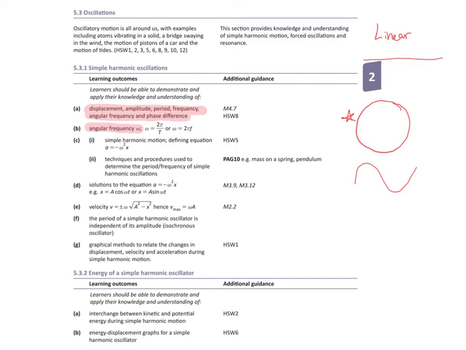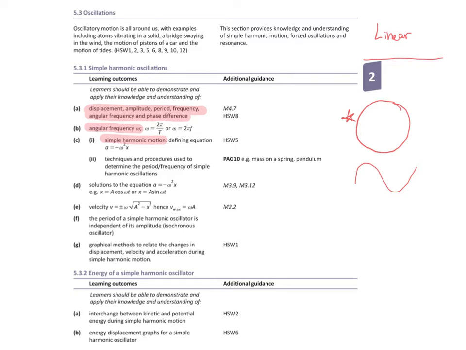Instead of calling it angular velocity, we call it angular frequency. You also need to be able to define simple harmonic motion, and the definition is actually based on the equation. And you should be able to talk about techniques and procedures used to determine frequency or period for simple harmonic oscillations.